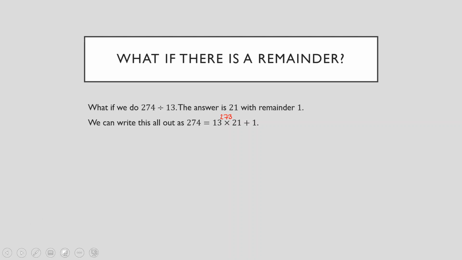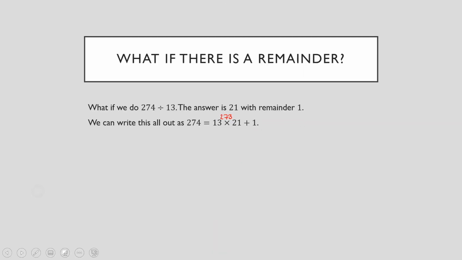If I now divide both sides of this equation by 13, I'll get my original division problem back, 274 divided by 13. That's here. And I now have to divide both of these terms by 13. If I divide this term by 13, that just gets rid of the 13 and I'm left with 21. If I divide this term by 13, I get 1/13.